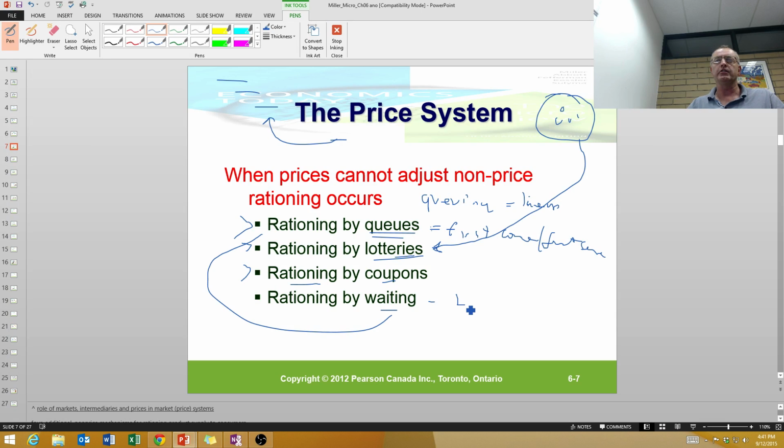Sometimes they ration the seats by your high school marks. So it's not really a lottery, it's not a coupon, it's not first come, first serve, it's not price. It's another non-price mechanism, but again, it's rationing these scarce seats in a school through a non-price mechanism.